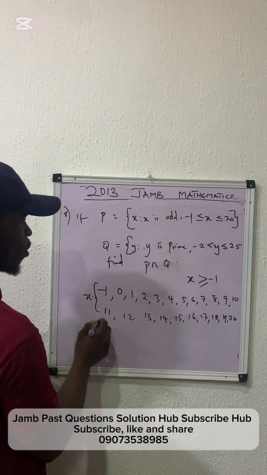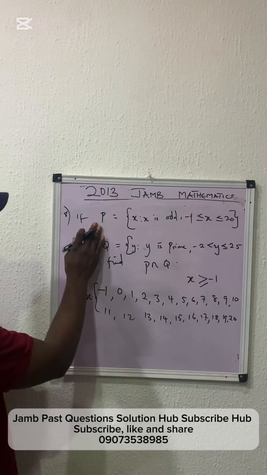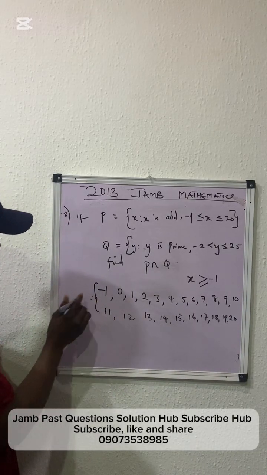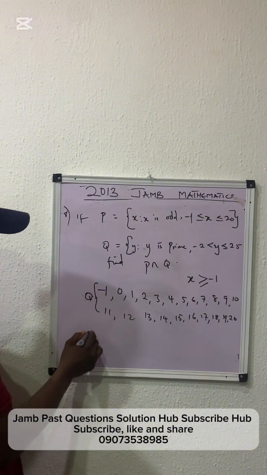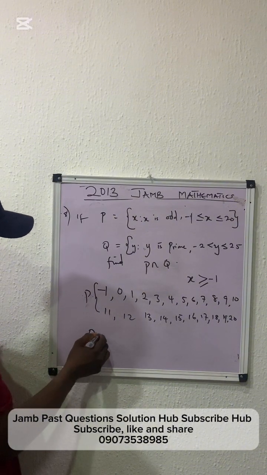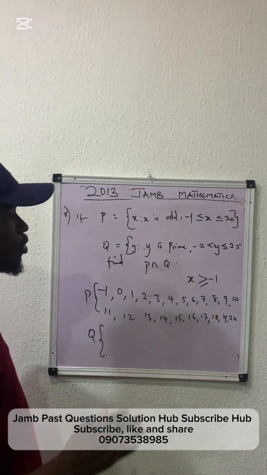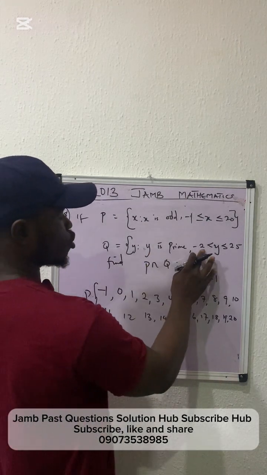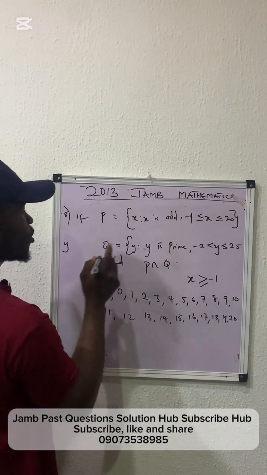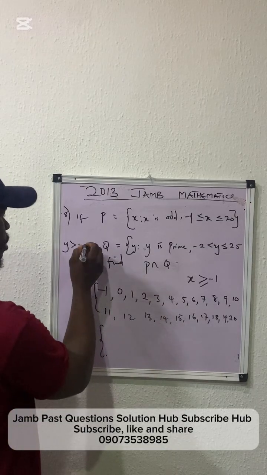These are the elements of X, sorry, these are the elements of P. Let's get the elements of Q. Alright, so they say Y is prime numbers. -2 is less than Y, that means Y is greater than -2.